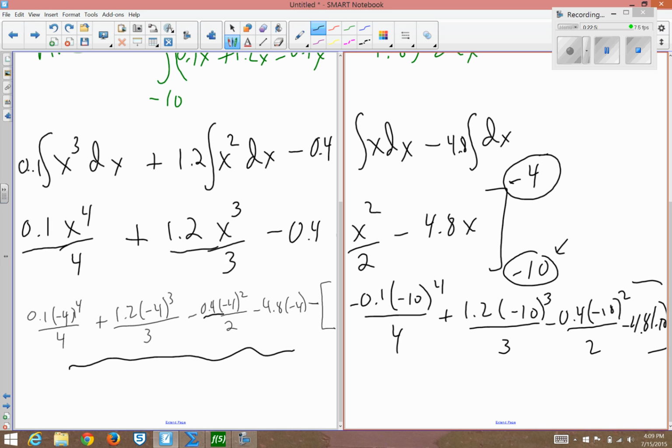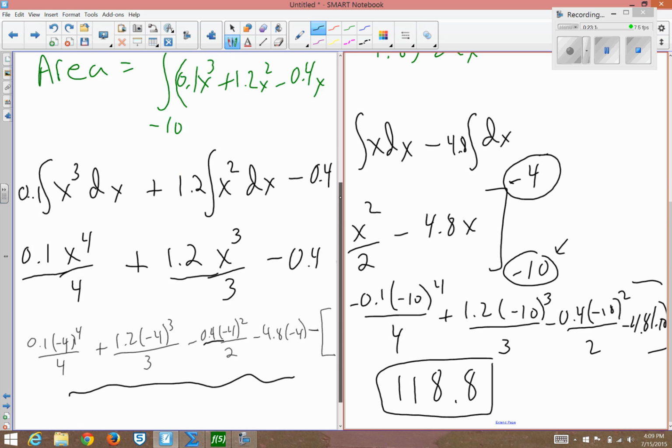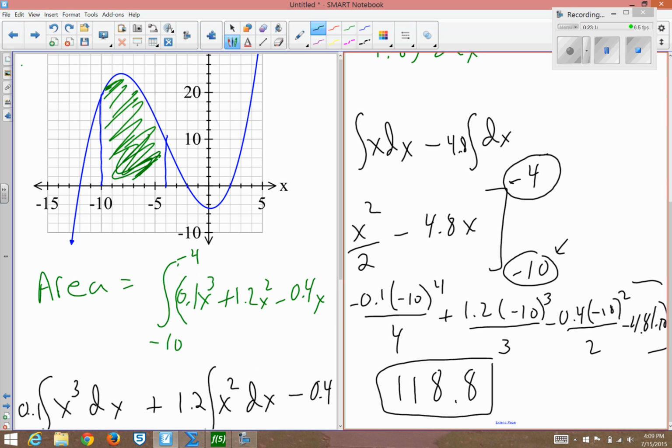So you can check this if you want. I just did all of this on the calculator, and I got 118.8 exactly. So that's the truth. 118.8 is really the exact number of square units, that's these things, that are inside this shaded region. 118.8.